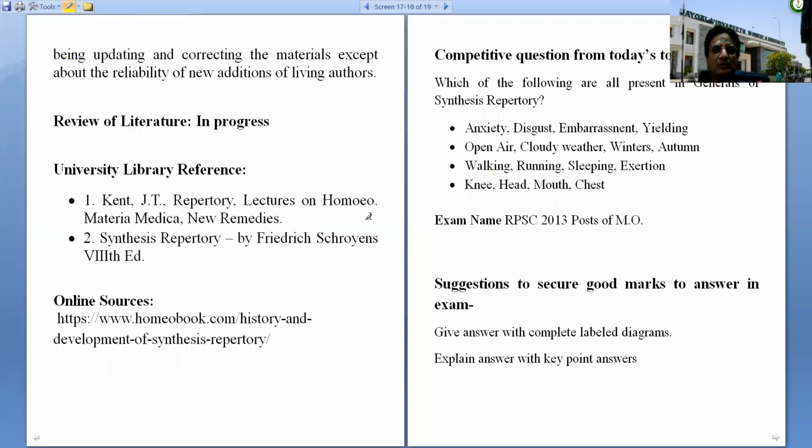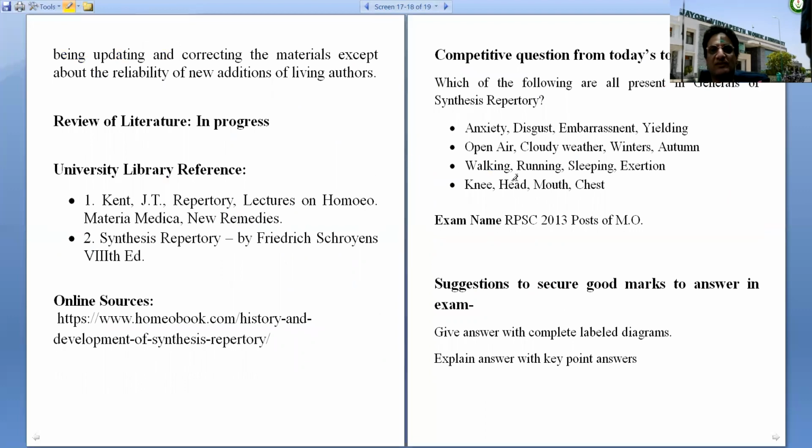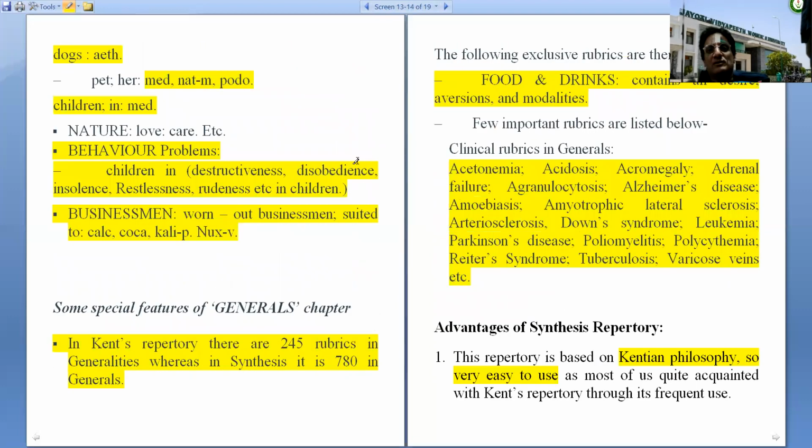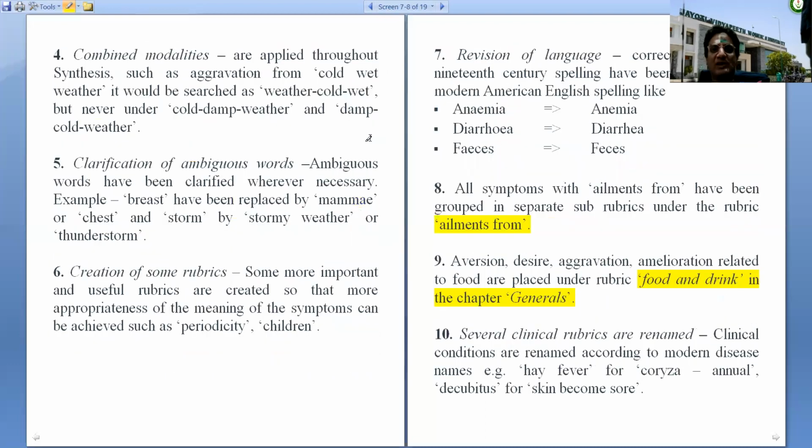So I hope you will be able to use this repertory with ease. I would like to discuss a small case before we leave, on how to repertorize from this repertory.